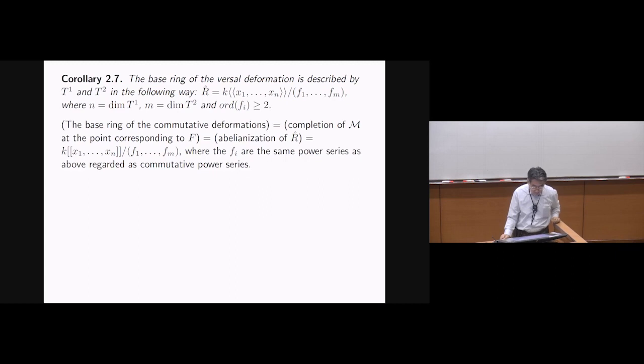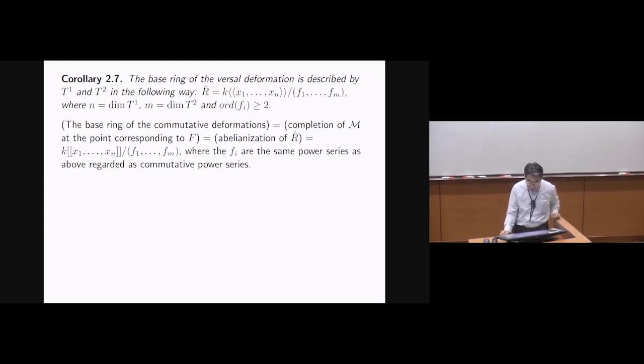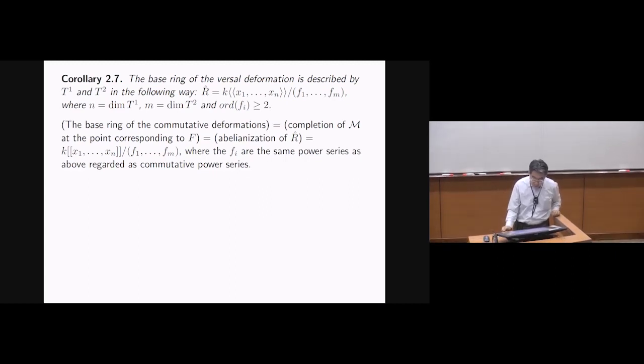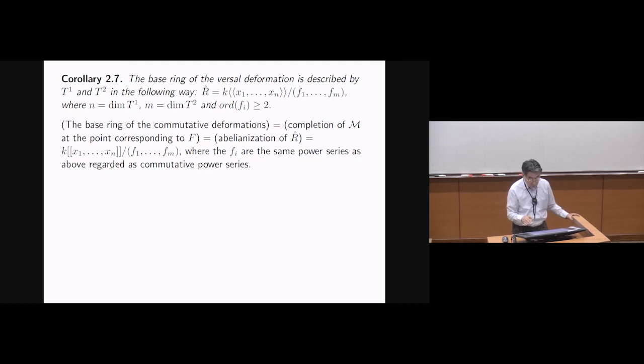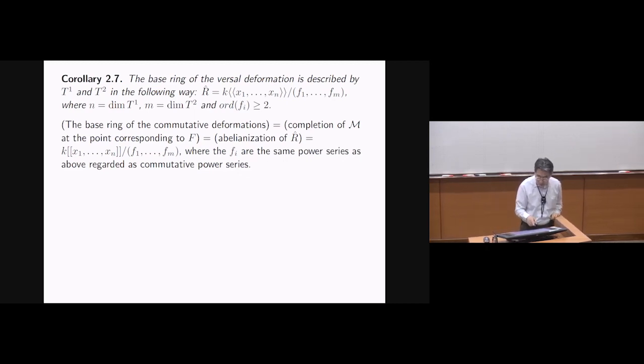So the base ring of the commutative deformation, this is a summary of what I said. The base ring of the commutative deformation is the completion of the moduli space at the corresponding point of the sheaf. And this is equal to the abelianization of this non-commutative versal ring. The abelianization is easily obtained in this way.